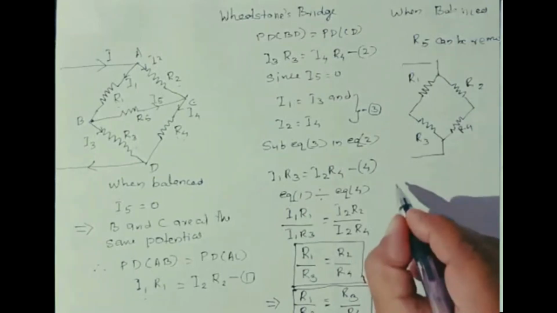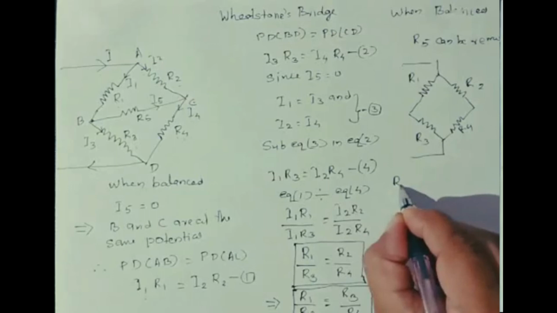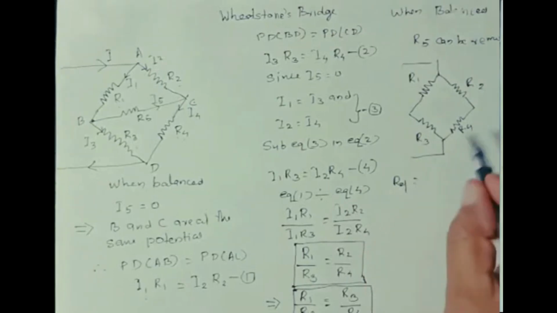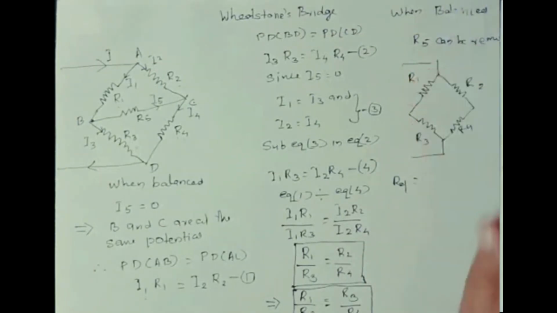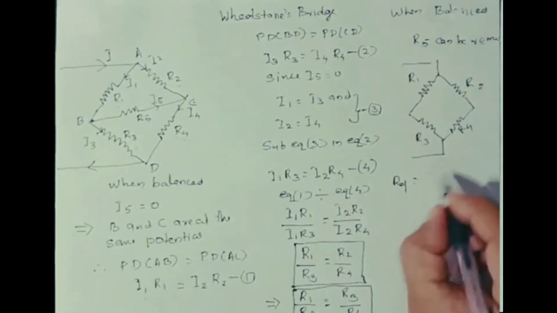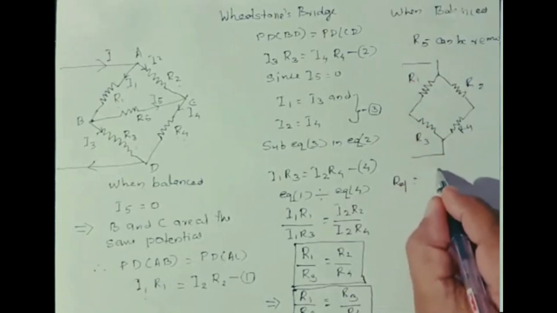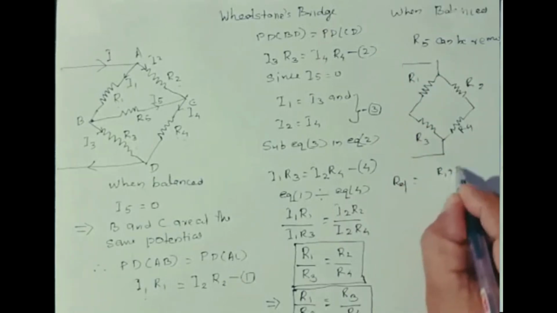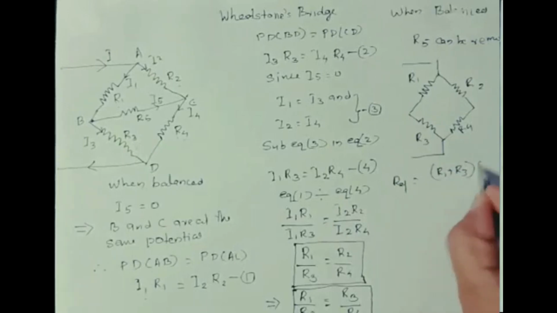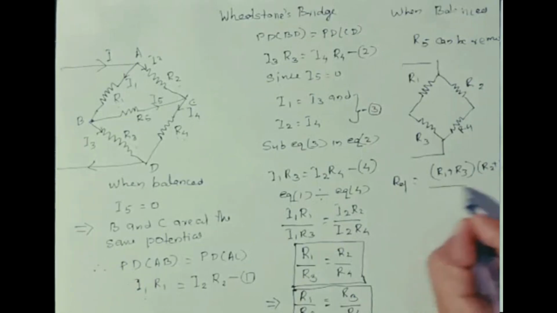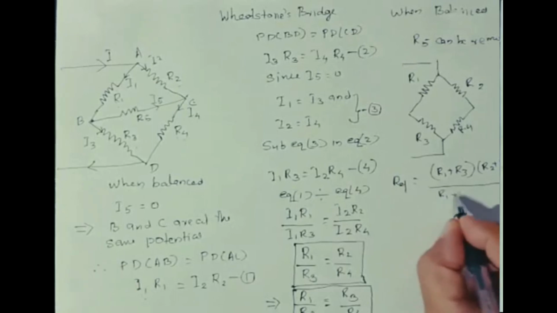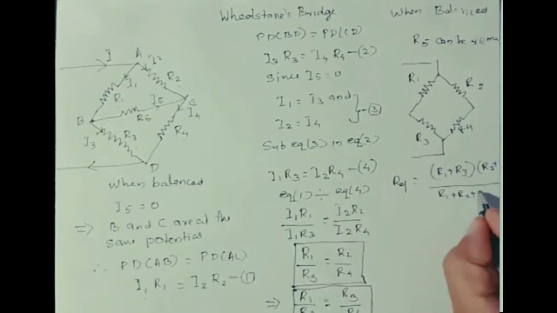So you can write the effective resistance as R1 plus R3 times R2 plus R4, upon R1 plus R2 plus R3 plus R4.